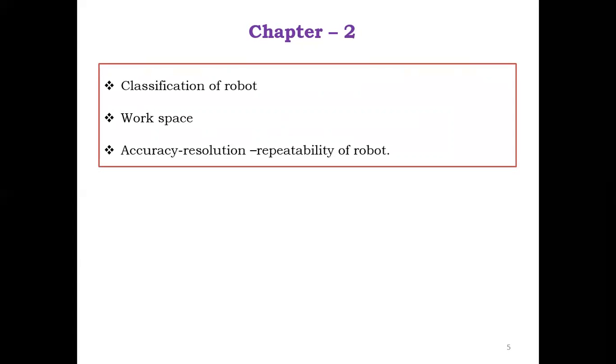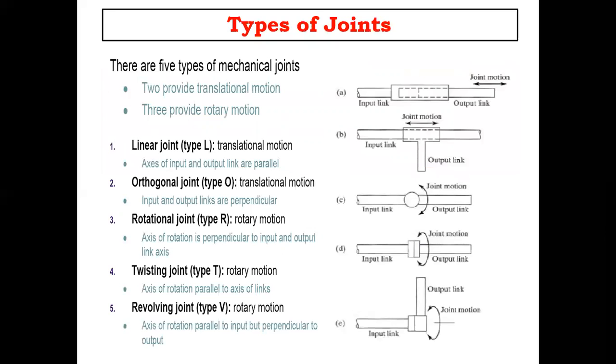Okay, let's see. Before seeing the classification of robot, we need to know what are the types of joints available in robot manufacturing. There are two types of joints. One is translation motion, another one is rotary motion.